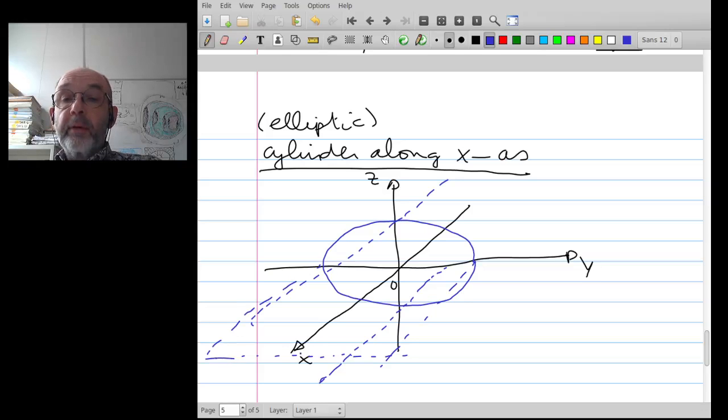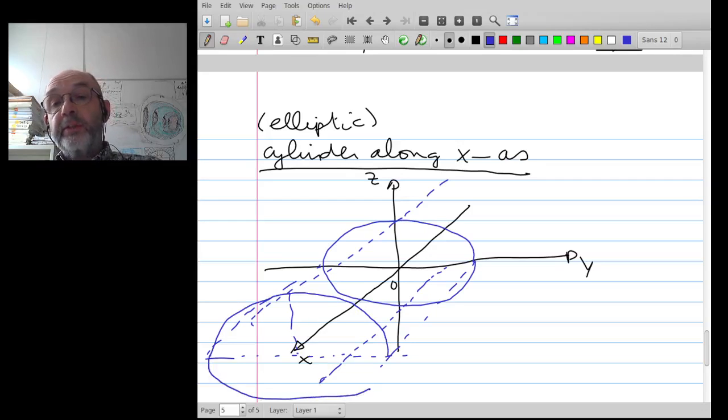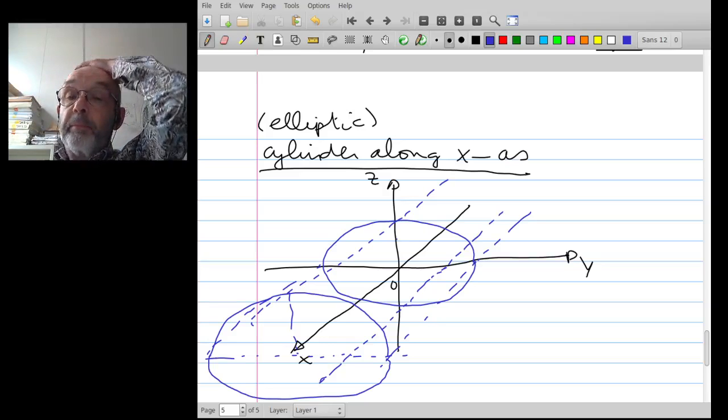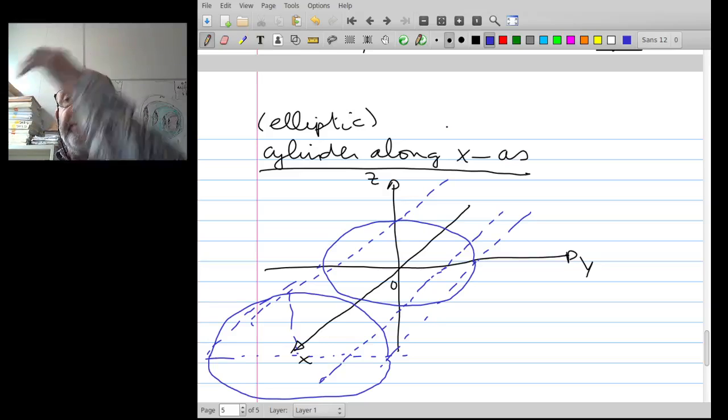So here we have shifted it along the x-axis, so you have that cylinder, and also you can go to the end of it, no problem. And then you have also that plane.